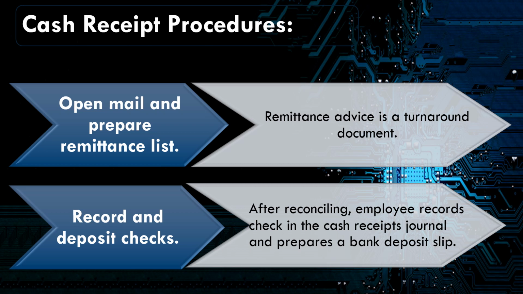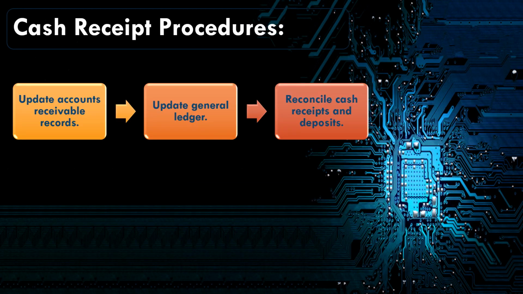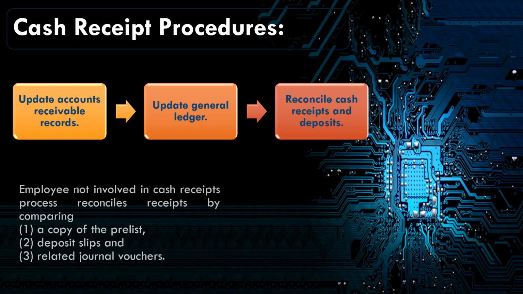The employee records the check in the cash receipt journal and prepares the bank deposit slip. Okay, so after receiving the cash from the customer, we should update the account receivable records, update the general ledger, and then reconcile the cash receipt and the deposit to the bank.